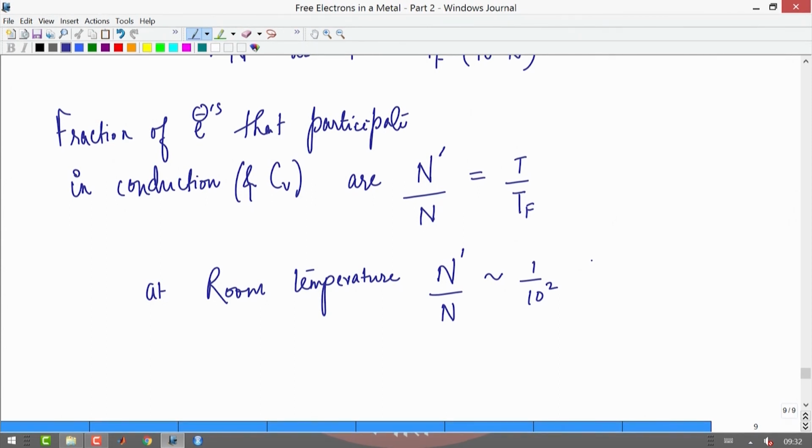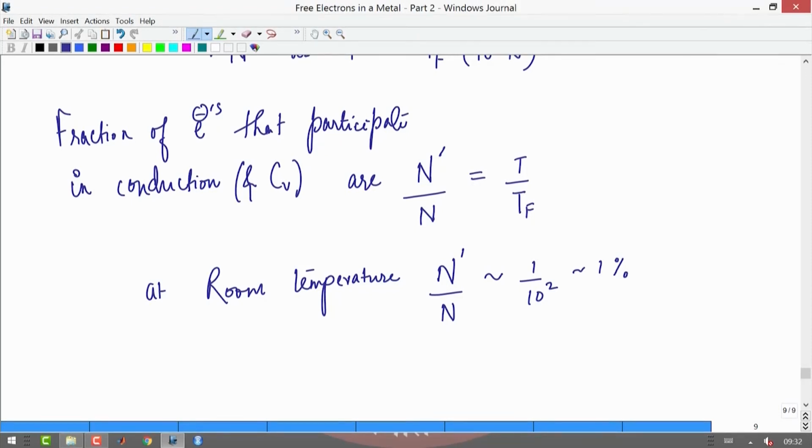So, it is like of the order 100, whereas the Fermi temperature is of the order of 10,000. So, I am going to say that this is a fraction of the order of 1%. Okay. So, this is like 1%, 0.01 is like 1%, 100 times this would be 1.